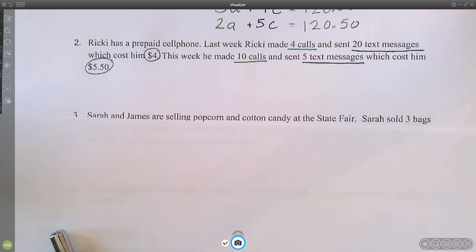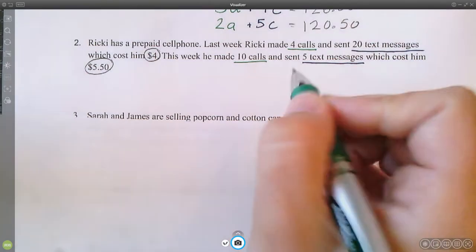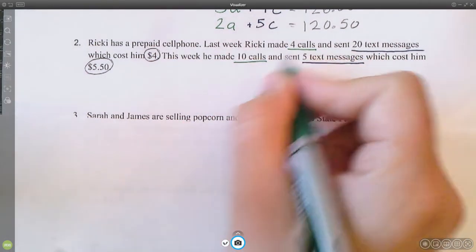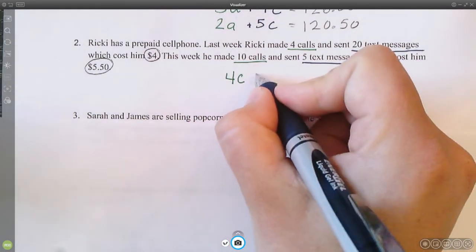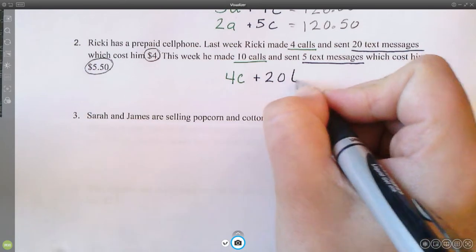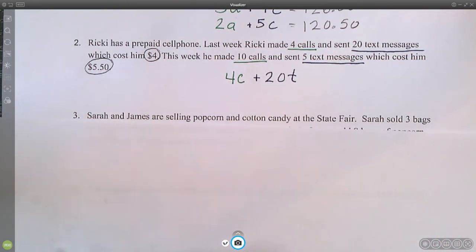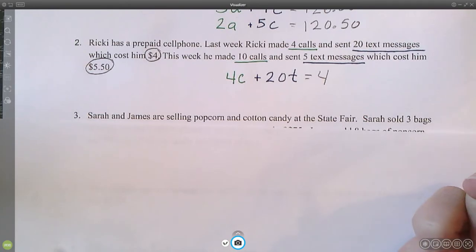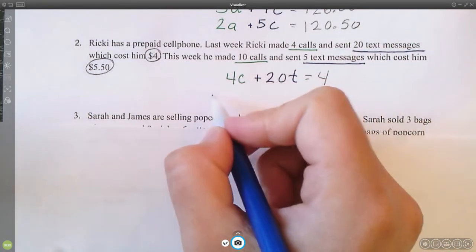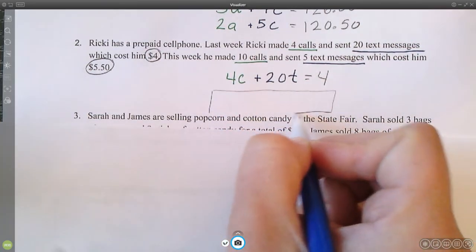So we just need to write equations for this. So the first one, I'm just going to do C for calls: 4 calls and 20 text messages. So I'm just going to say plus 20T for text messages equals $4. Okay, I'm going to let you fill in the next one.